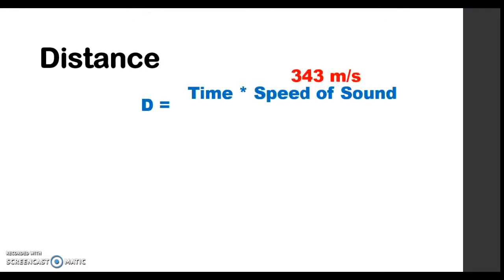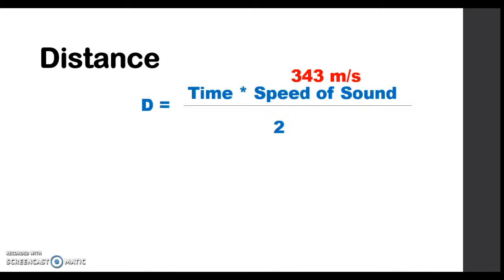We need to divide it by 2 because we use the time as the overall time traveled by the sound wave, and we only need to use one set of that time, either the time it takes to travel from the sensor to the object or from the object back to the sensor.